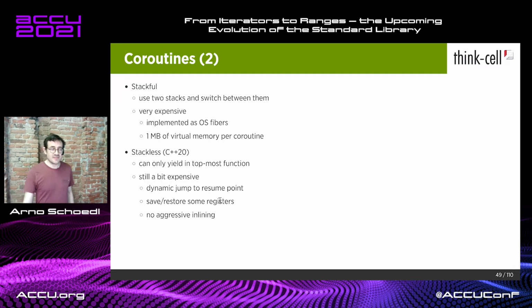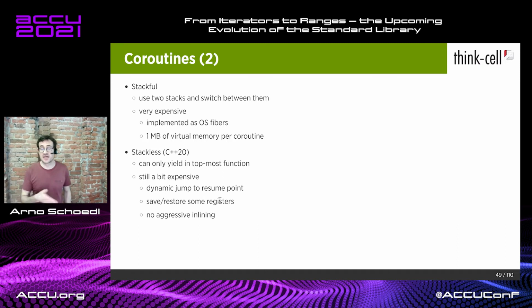That's one thing. Otherwise, if you don't have coroutines, you can only yield in a topmost function, which is somewhat restrictive, which you can overcome by calling into coroutines, which we showed. Now, it's still a bit expensive to do coroutines, because every time at the resume point, when you're resuming the coroutine, it's still kind of like a dynamic jump.